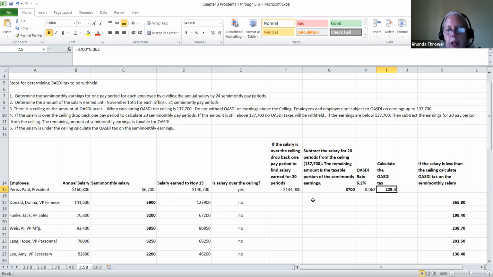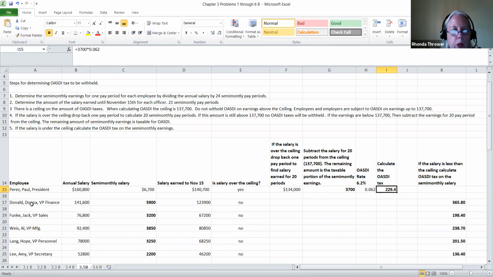So what you've got to do is figure up what the salary is at 20 pay periods, because we're dropping back a pay period. We're going to subtract this from the ceiling amount, and that gives us our taxable wages. And then multiply, and that gives you the Social Security tax.